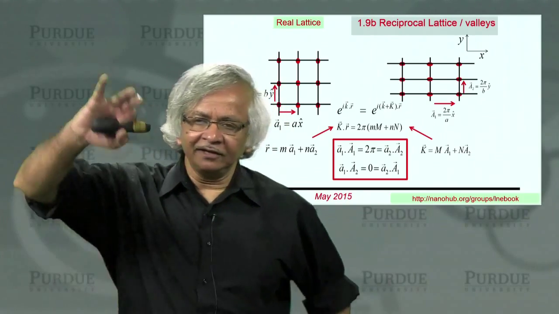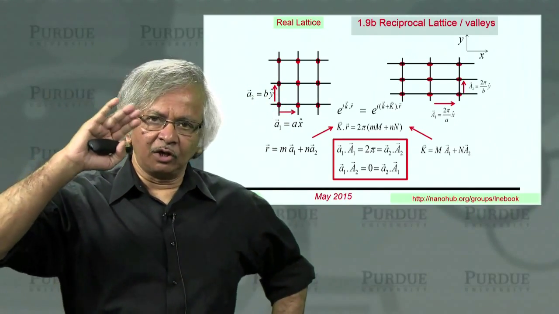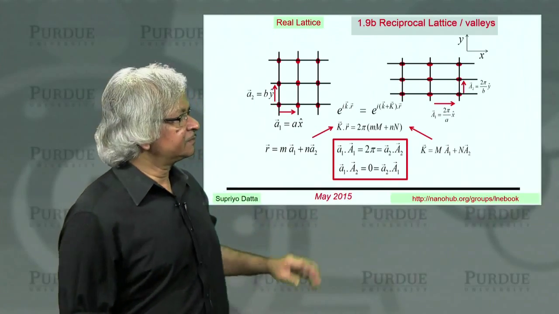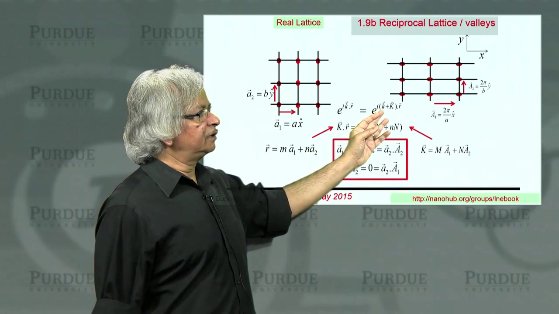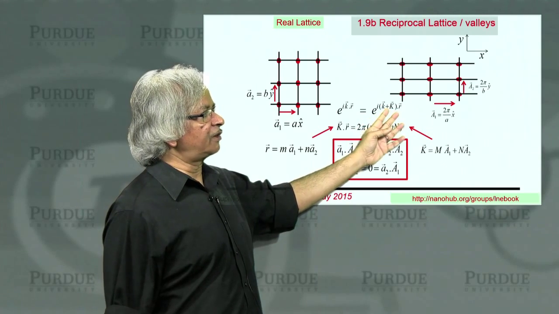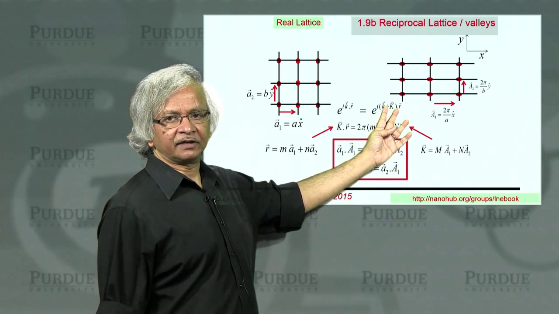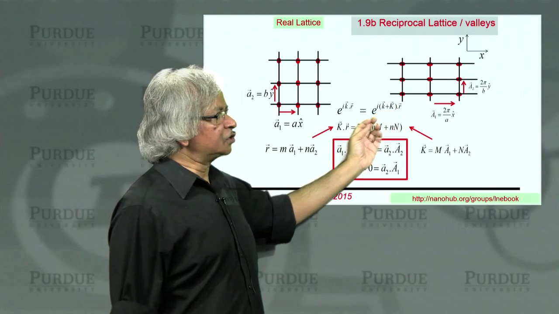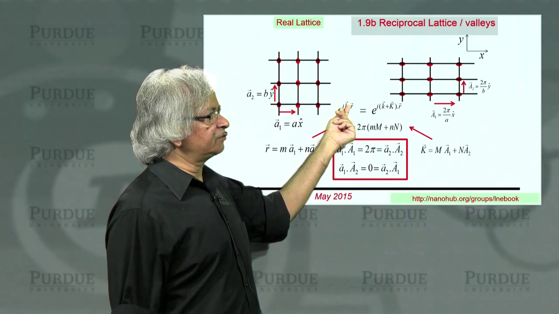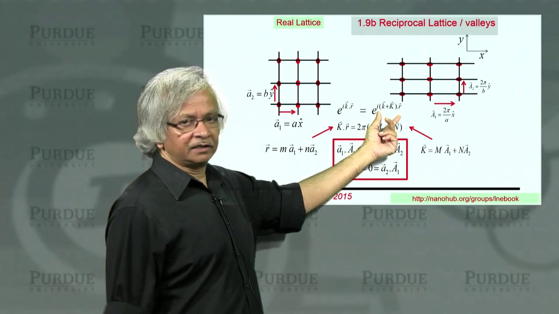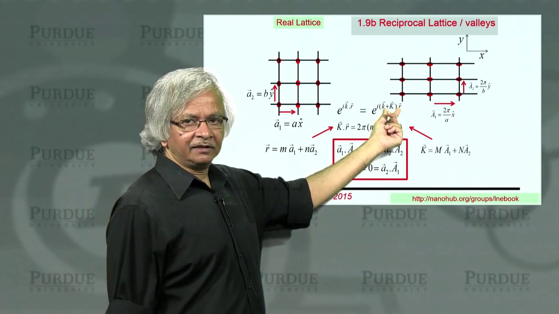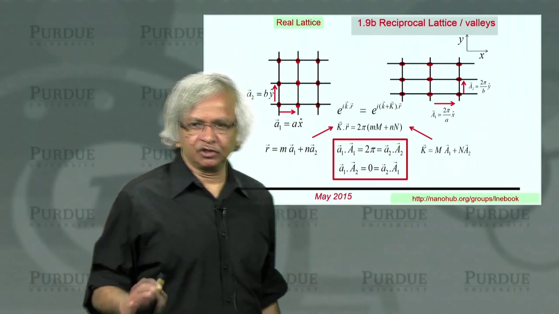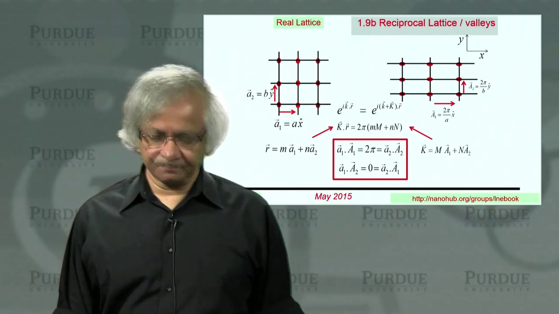So when you are classifying your states in terms of this small k, any k is exactly equivalent to a different k which differs from it by a reciprocal lattice vector. And so if someone has a solution with some k and another person has a solution with small k plus capital K, they are really the same solution. They shouldn't count as two separate solutions.